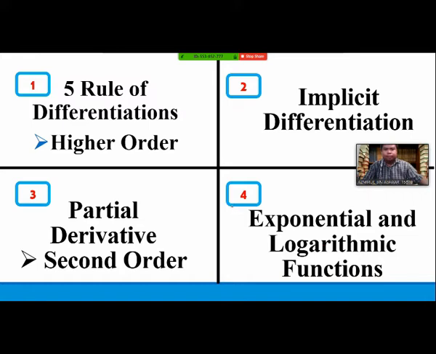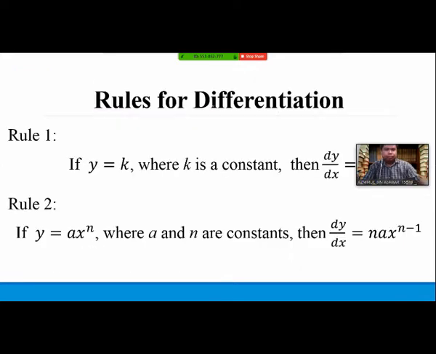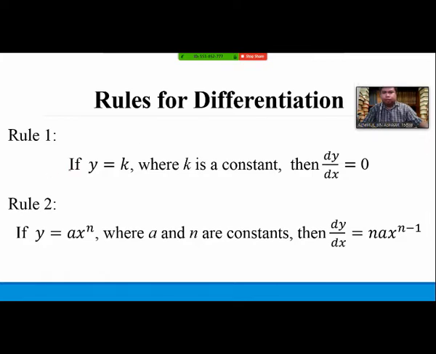Okay, we will first learn about the 5 rules of differentiation and higher order. For the first rule, if y equal to k, where k is a constant, then dy per dx equal to 0.